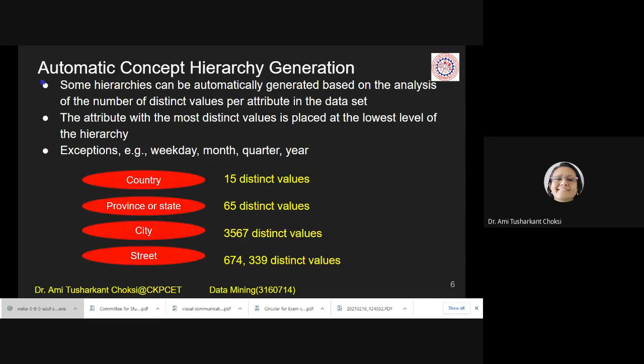That is province or state. So we'll put it at the lower level, and no other comparison is there. So we'll put country at the highest level, right? So this is the automatic concept hierarchy generation using the number of distinct values per attribute.